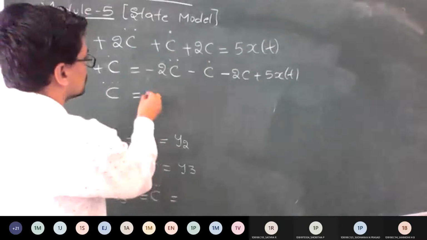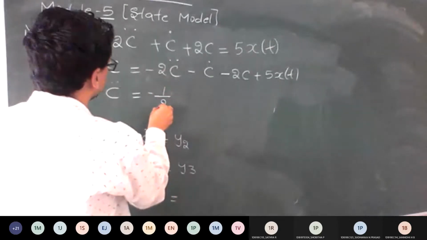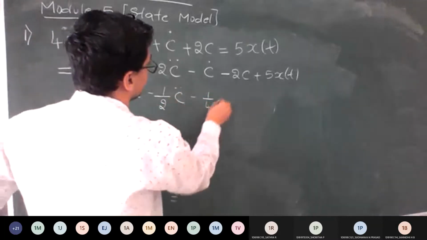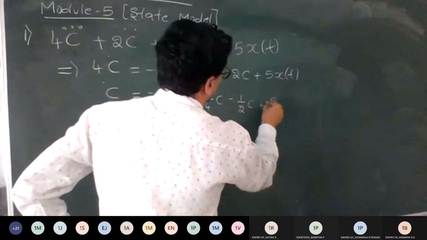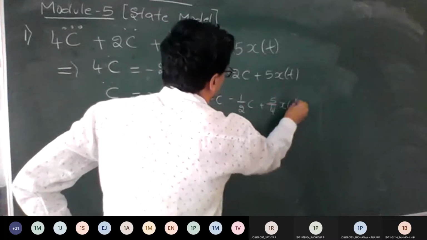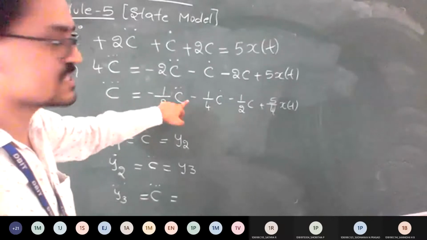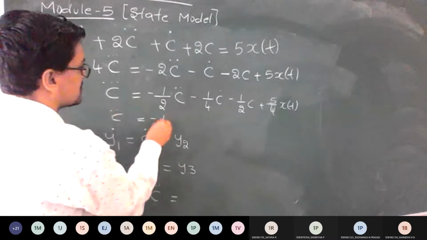So this is equal to minus 2 by 4, which you can write as 1 by 2, yes or no? Yes, sir. So plus 5 by 4 x of t. So this is my c triple dot. Is any simplification possible here? Yes, it is possible. So minus 1 by 2.